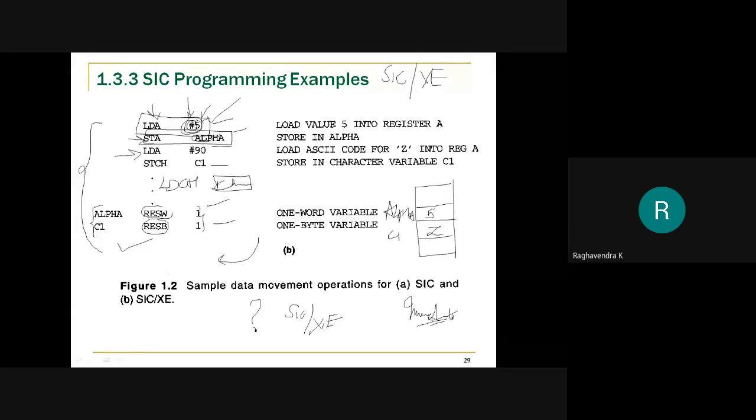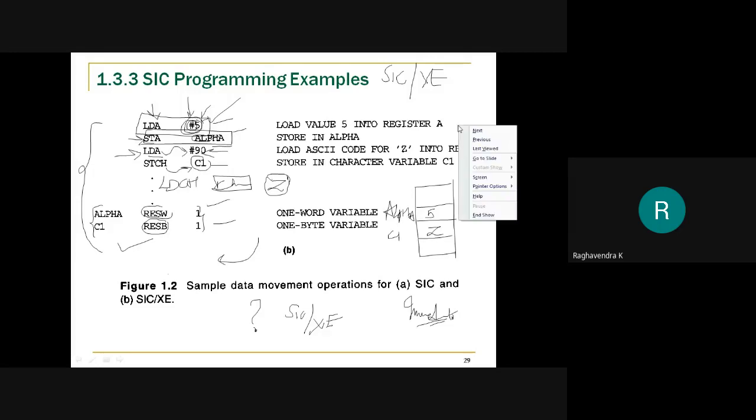But now I am supposed to use the immediate operand. So the value of z in ASCII is 90. So we are loading into the accumulator the value 90, and then we are storing it into C1 as a character. Which means that z will be stored in C1.